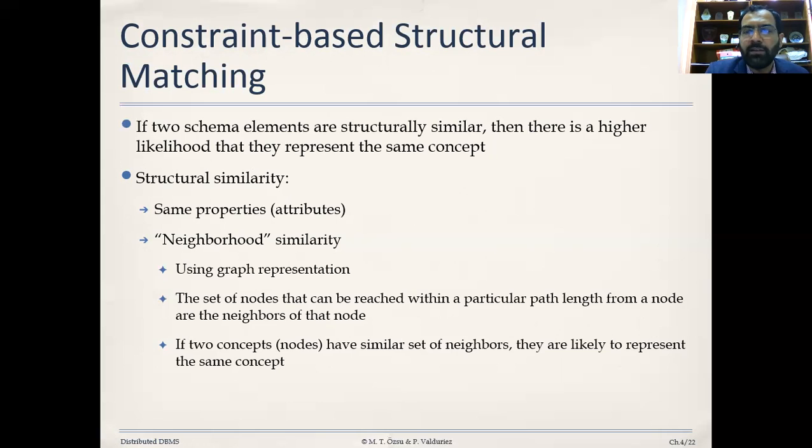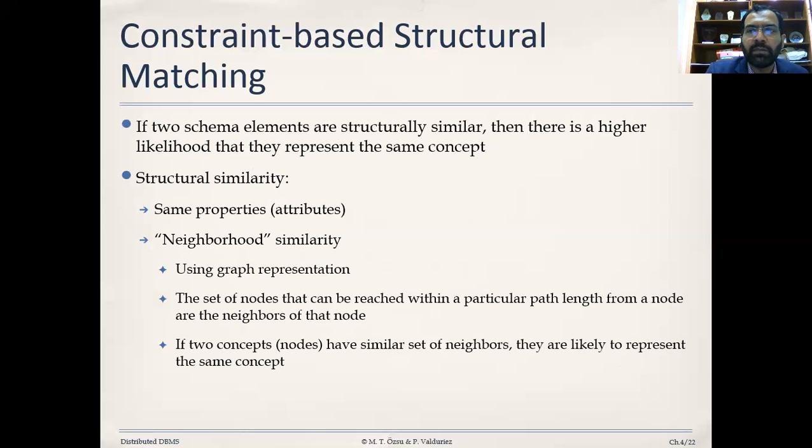When you map one attribute to another, you're talking about the same properties among those two attributes. But sometimes you need to determine the neighborhood similarity. Okay, if A is matching with B, B is matching with C, C is matching with D, and D is matching with B, and B is matching with A, it means now you are looking for neighborhood similarity.